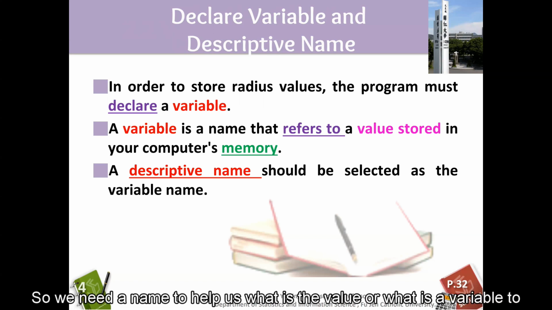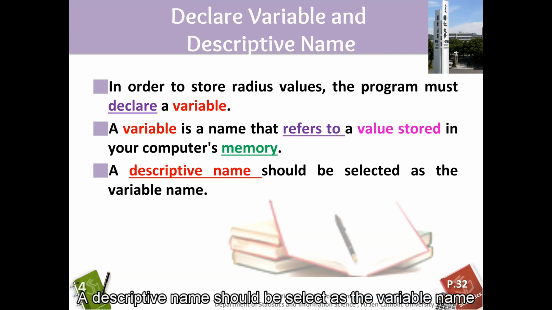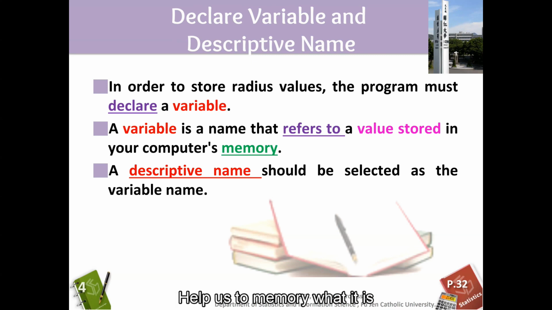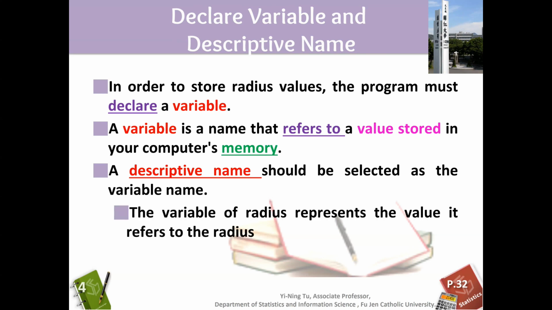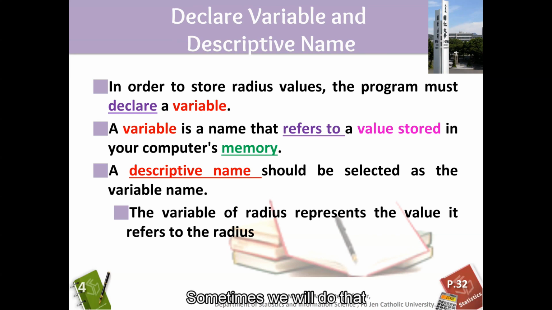So we need a name to help us remember what the variable's functionality or duty is, what value it remembers. A descriptive name should be selected as a variable name to help us remember what it is. So the variable radius represents the value that refers to the radius. This makes it easier for people to understand.